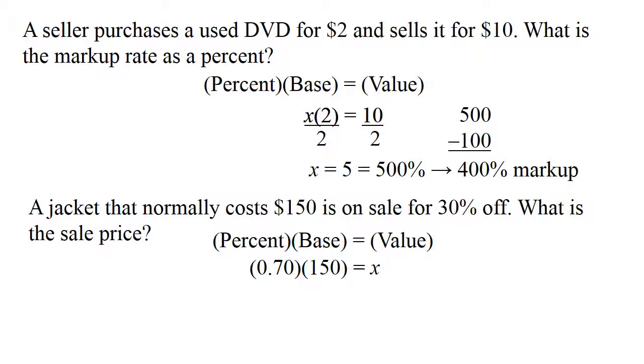Why? Now we're looking at sales or discounts. In this case, you're taking 30% off of that original price, off of that 100%. So in other words, if it's 30% off, you still have to pay 70%. Multiplying those values together, we find out it costs $105 for the sale price. Exactly like we got before.